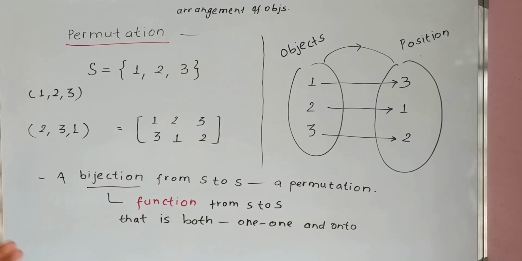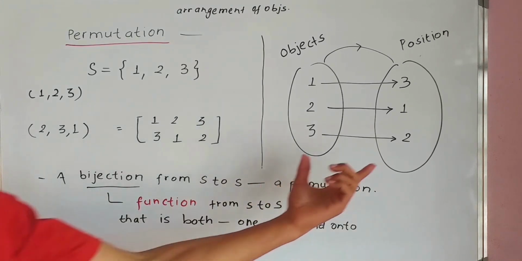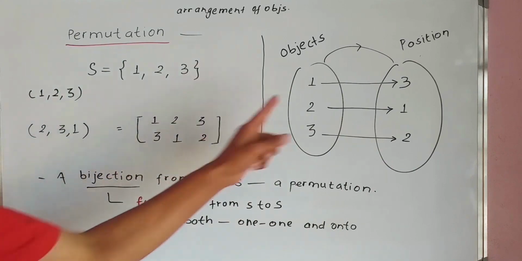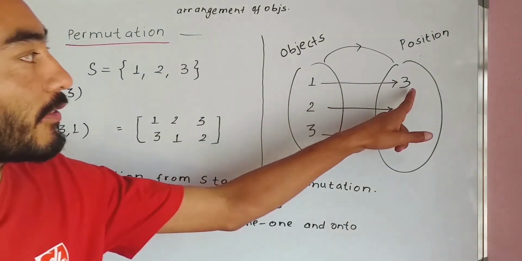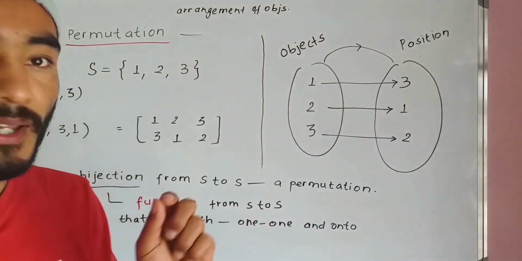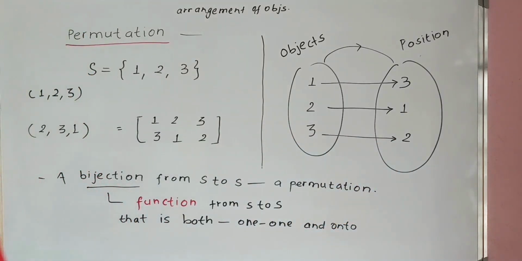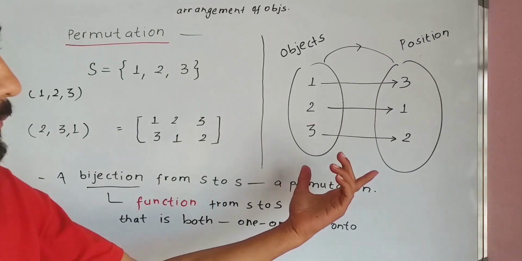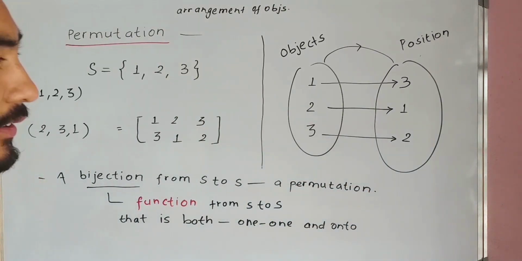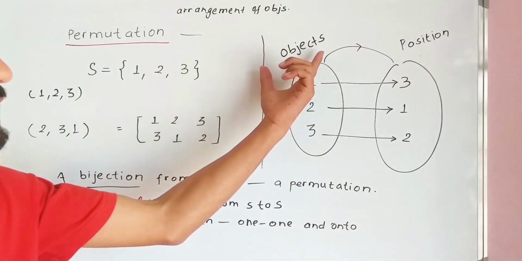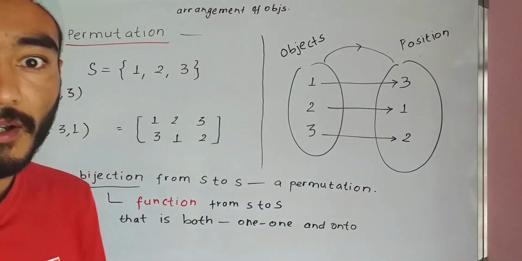Let us present this relationship in a diagram. This permutation: first object, third position; second object, first position; and third object takes second position. So clearly the relationship is a function. It is a function between the objects and its positions.